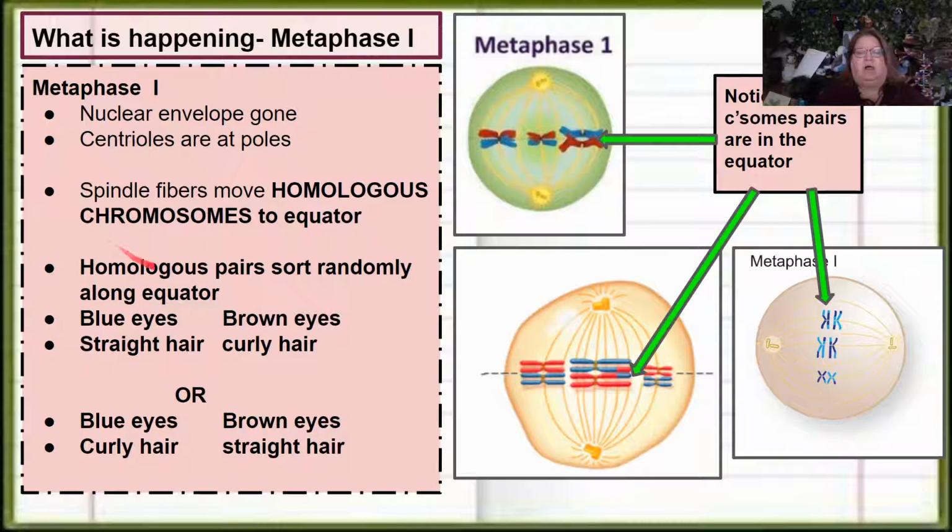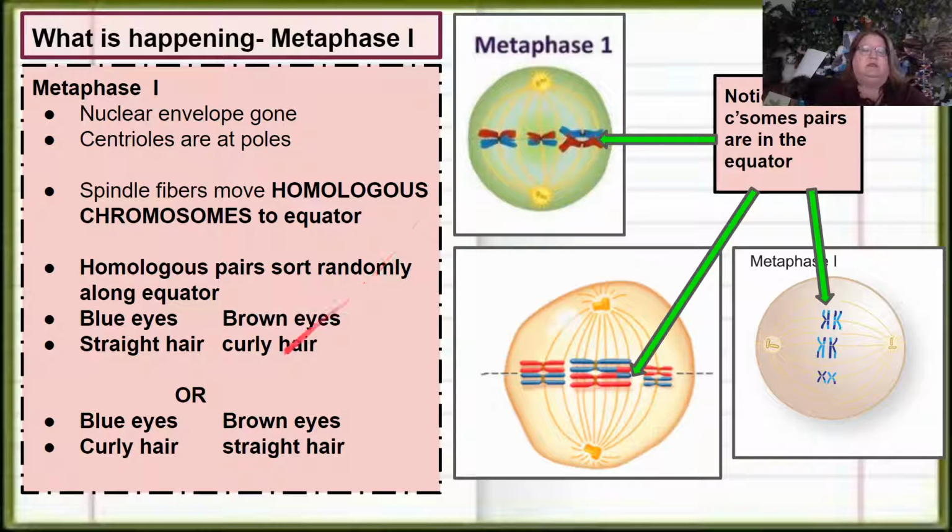Now, the homologous pairs will sort randomly along the equator. So for instance, you could have blue eyes or brown eyes, or you could have straight hair or curly hair. What if they sorted so that the blue eye is on the left, but so is the curly hair?